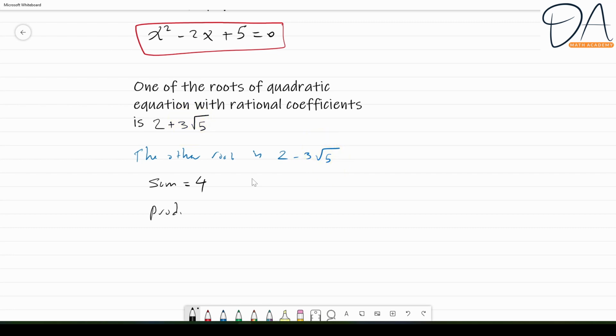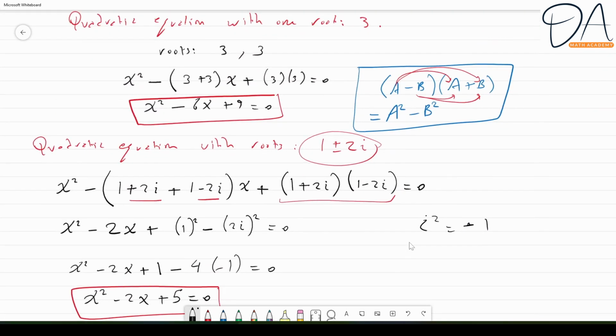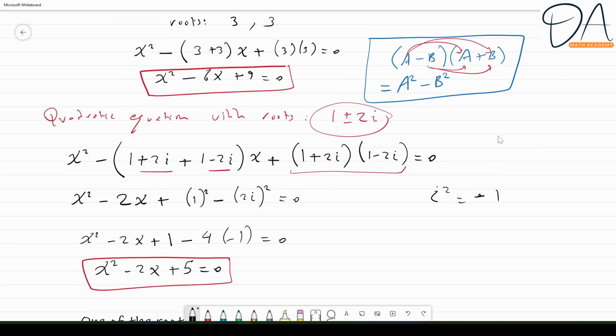Then the product. So you'll have 2 plus 3 square root of 5 times 2 minus 3 square root of 5. And we can multiply this easily just using the same expansion that we have here. So it will be a squared minus b squared.